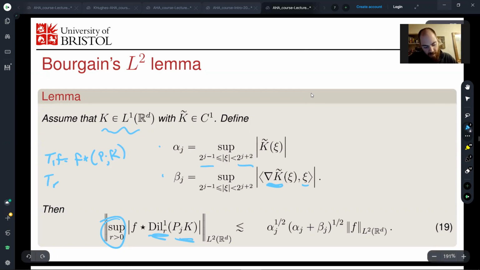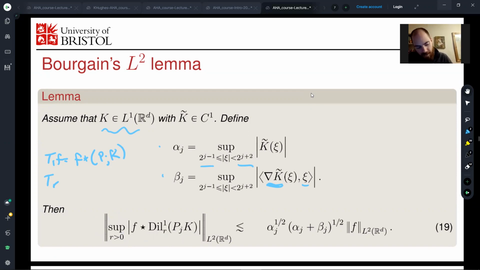That is how you get all of these right here. So when I look at that maximal function and I try to bound it in L2, it's bounded by the alpha j and the beta j.